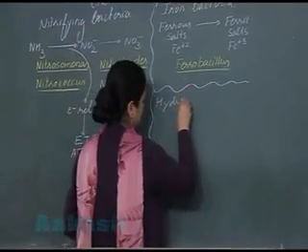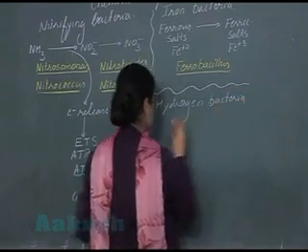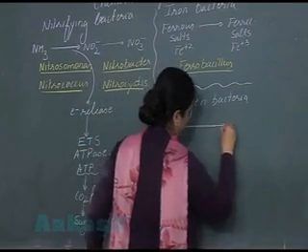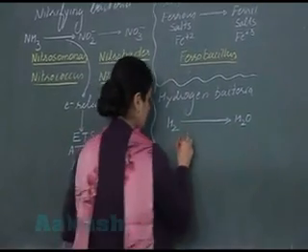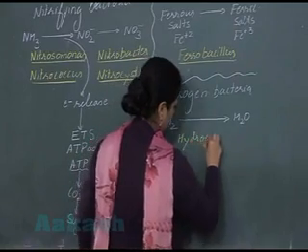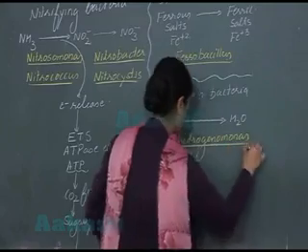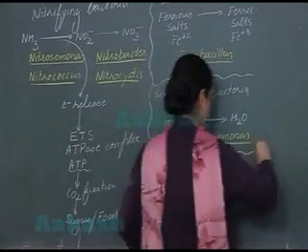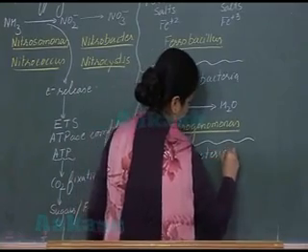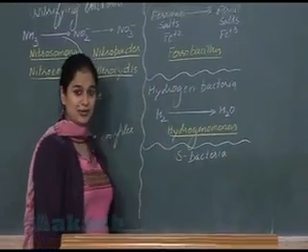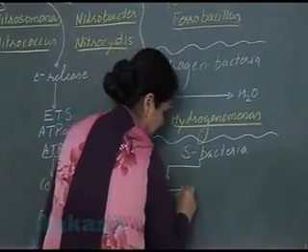Next category, hydrogen bacteria, involved in the oxidation of hydrogen into water. Example here is Hydrogenomonas. Last category, sulfur bacteria. Sulfur bacteria oxidize H2S into sulfur.